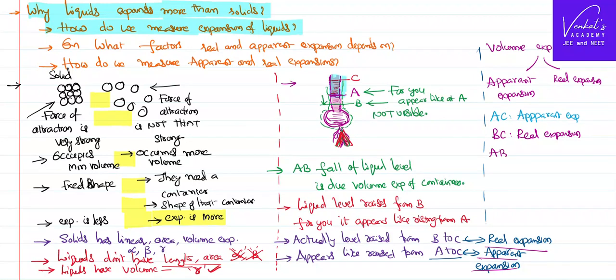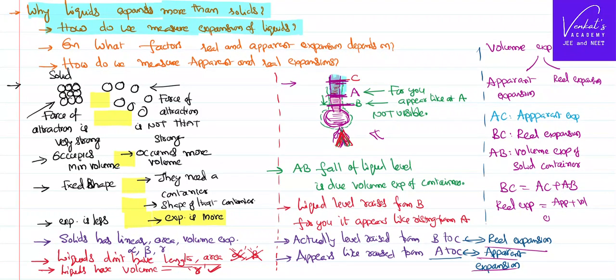And as I told you earlier, AB is the liquid level having fallen from A to B because of volume expansion of the solid container. Now it's very clear from the diagram that BC is equal to AC plus AB. So in this kind of case, you can say real expansion is the sum of apparent expansion plus volume expansion of the container.